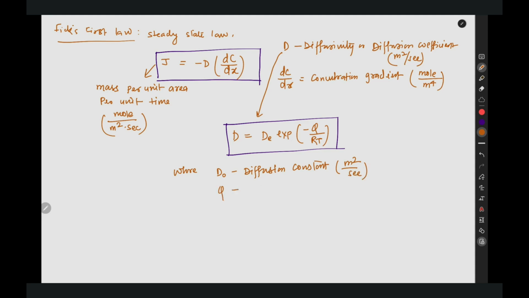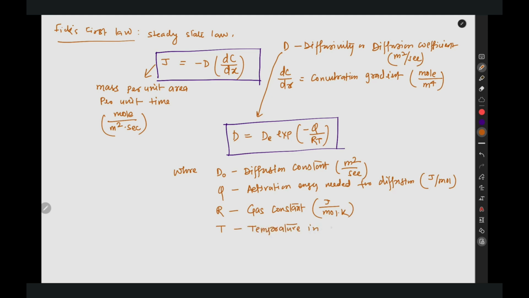Q is the activation energy needed for diffusion. Unit is joule per mole. R is called gas constant. Unit is joule per mole per Kelvin. T is the temperature in absolute unit Kelvin.